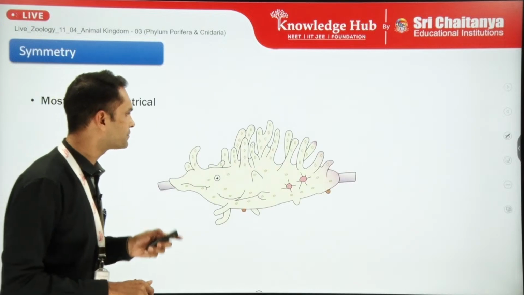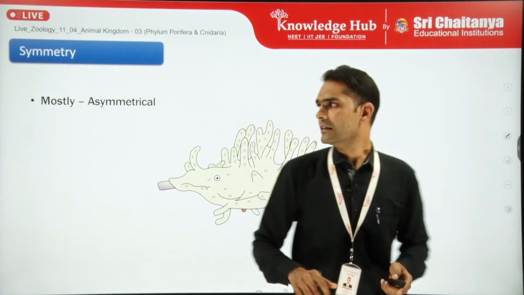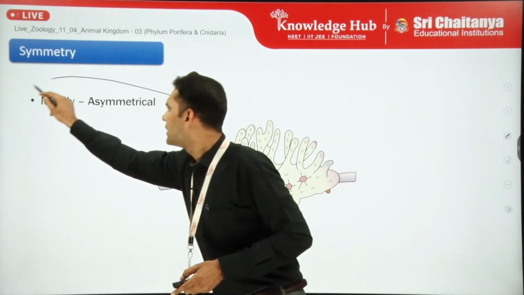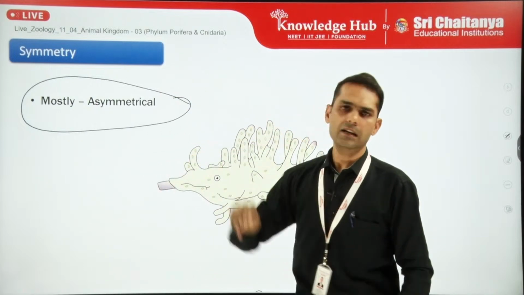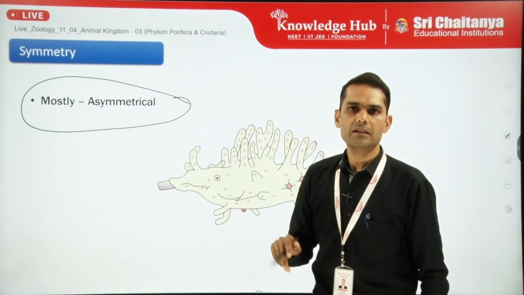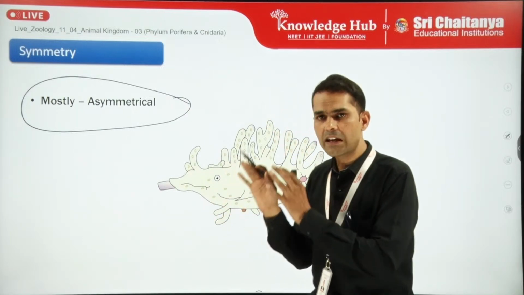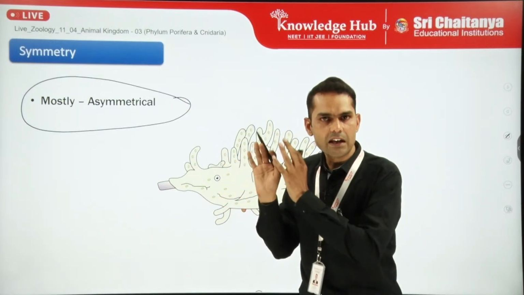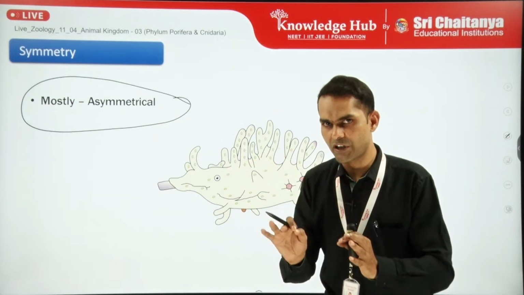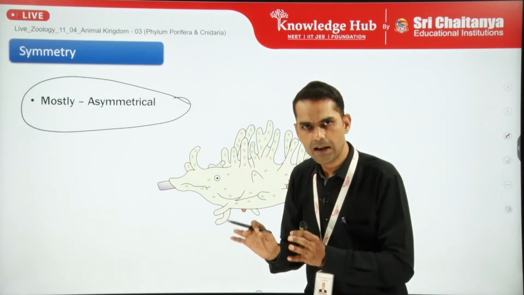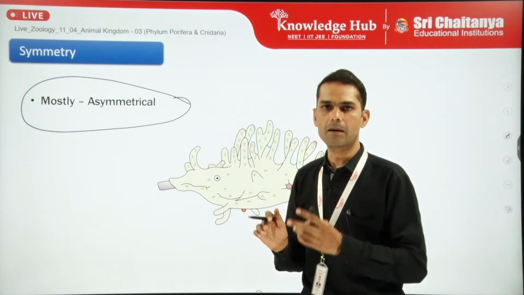Okay, now as you can see, mostly they are asymmetrical in nature. That means they do not have a regular shape. However, this asymmetry also has an exception, for example Leucosolenia and Sycon. So these two are examples.